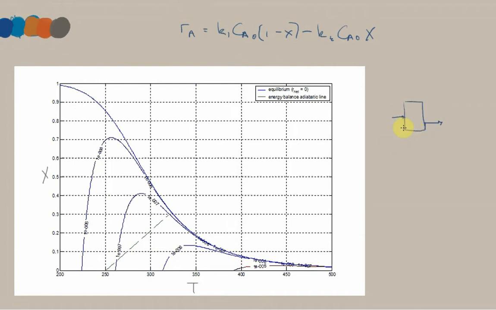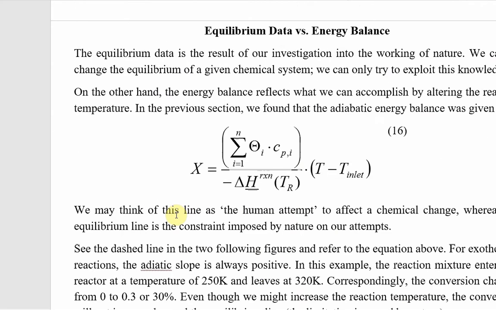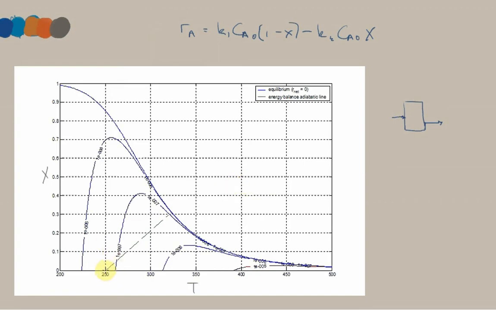in a small space. So we had also plotted the reactor energy balance. Here's this line in X of T, which resulted from the energy balance. That was the energy balance given in the usual form, the adiabatic equation. So that's basically our operating line for the reactor.